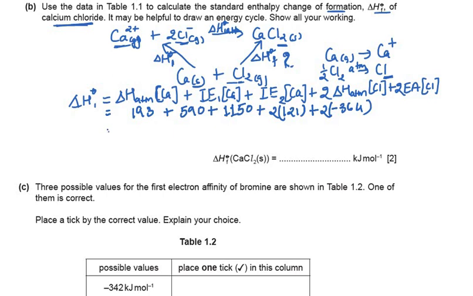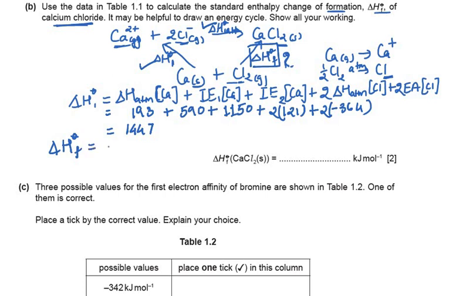Now this gives us the value of 1447. Now if we want to calculate delta H formation, we need to add the values of delta H1 and the lattice energy. That will give us the value of formation of calcium chloride.